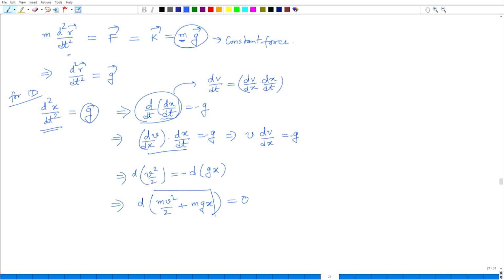Now you see that this is something which is a constant for the motion of the particle, and so d/dt of this thing is also 0. So, this is a constant of motion, and this is the total mechanical energy. And this one is the potential energy.